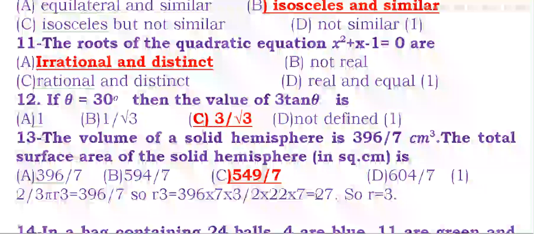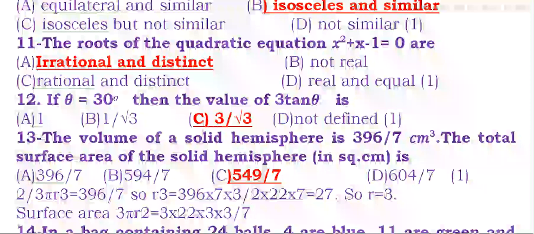Then the surface area, 3 pi r square, is equal to 3 into 22 into 3 into 3 upon 7.